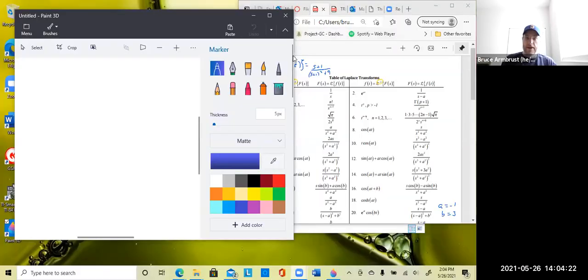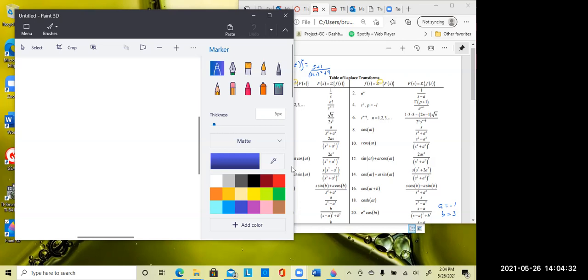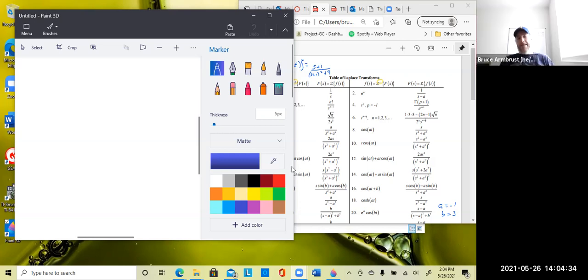All right, this will work. He says, very hopefully, but not really. Okay, let's try this again. Screen share. All right, so do you guys see a paint window and also Laplace transforms on the other side? Yep, okay, cool. That's what I wanted to see.